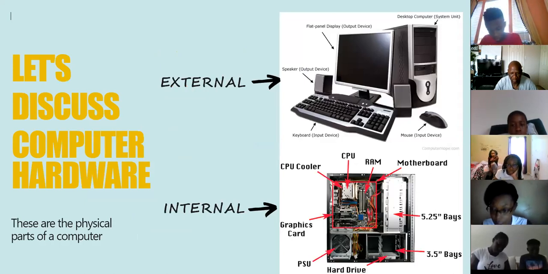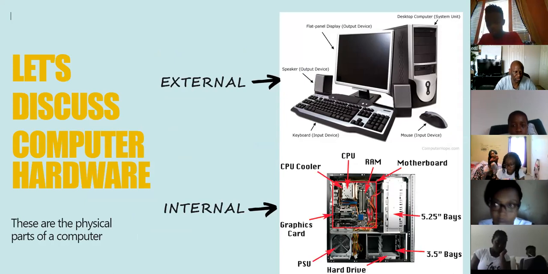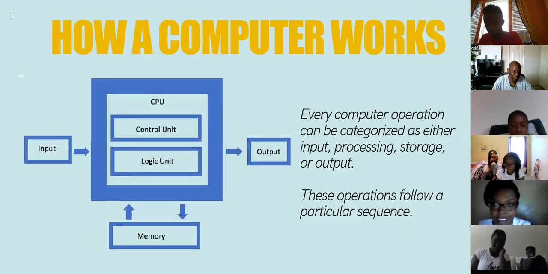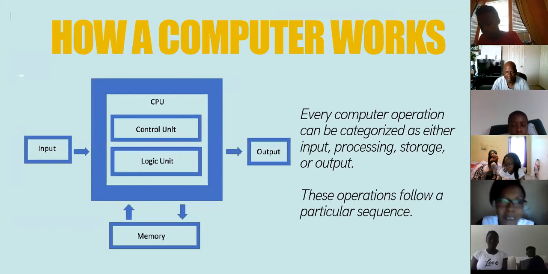When you have your computer, there are parts that we always see every day, but when you open up a computer, you'll be able to see the internal parts. So both of them, you can see. Okay, thank you. Thank you for the question, Godson. So feel free to ask questions. I think, Judge, please help me because I am not actually seeing the guys who have their hands up. Okay.